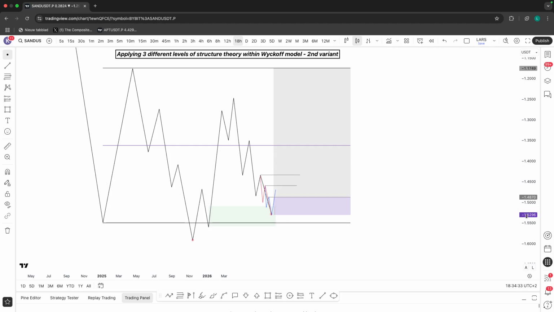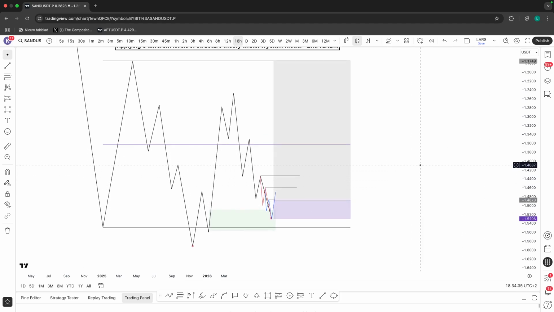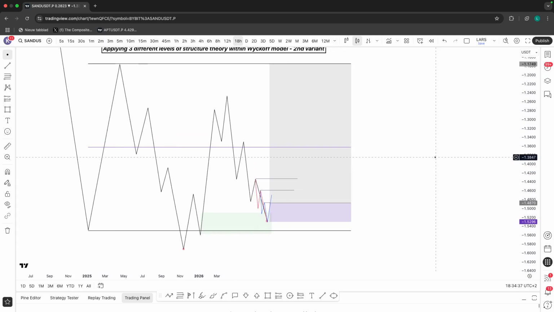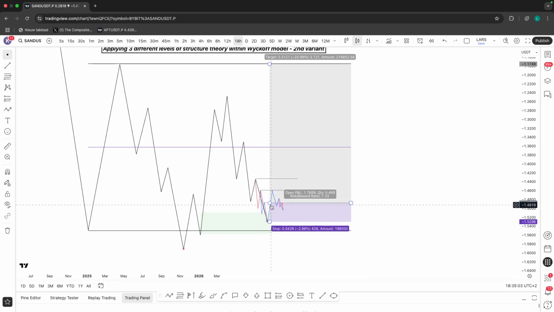Now, here I can also elaborate on the combination of level 1, 2, and 3 depending on what you are focusing on. Because let's say we have a bullish break of structure right here on the level 3, and we're seeing something like this develop after that level 3 break of structure.